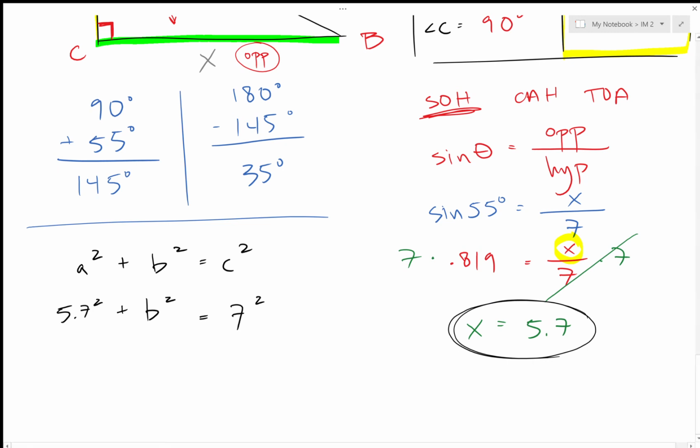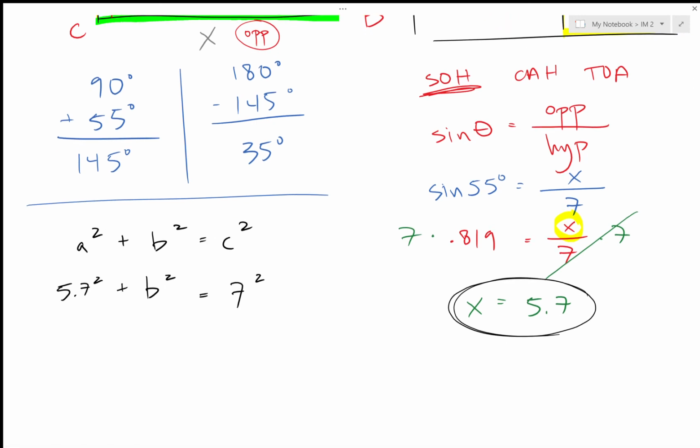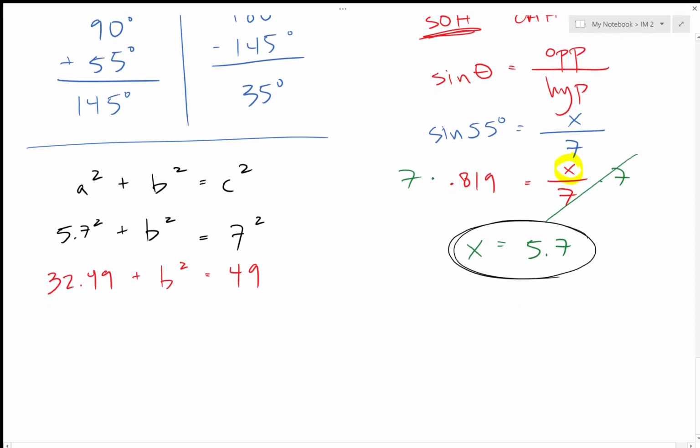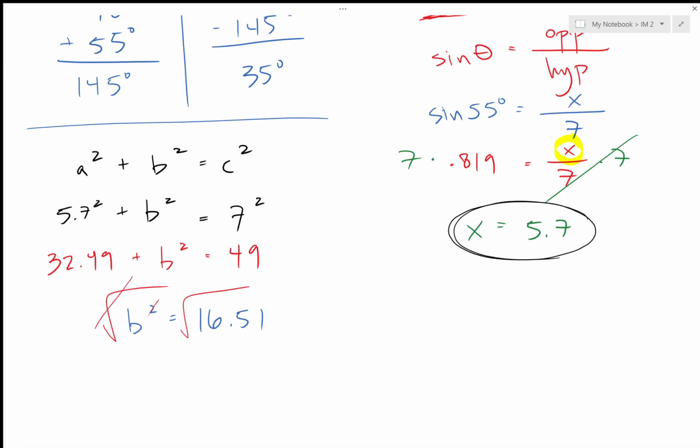And again, it's another calculator problem. 5.7 squared comes out to 32.49. We get B squared, and 7 squared is 49. Subtracting that over so I can get B squared by itself, we come out to 16.51. And then last step, square root both sides. So B equals a decimal of about 4.1.